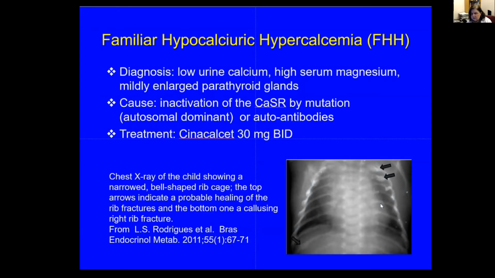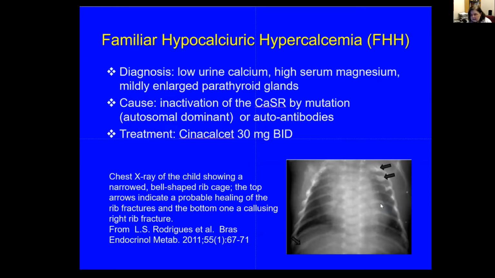Patients with familial hypocalciuric hypercalcemia can come with typical symptoms of hyperparathyroidism. They can even come with fractures, like this baby or child who showed rib fractures. And this just highlights the importance of taking urine calcium.